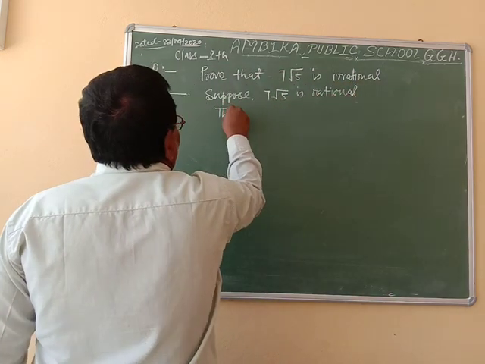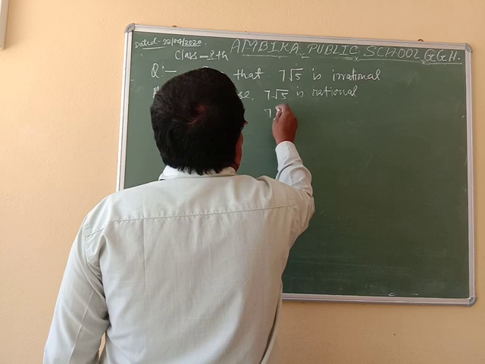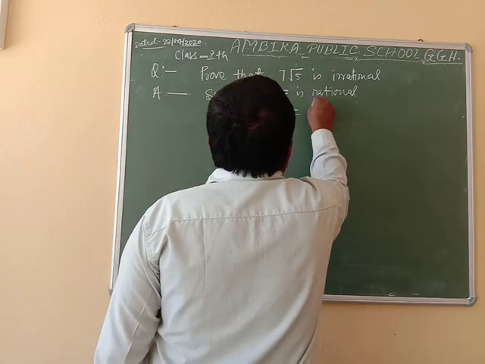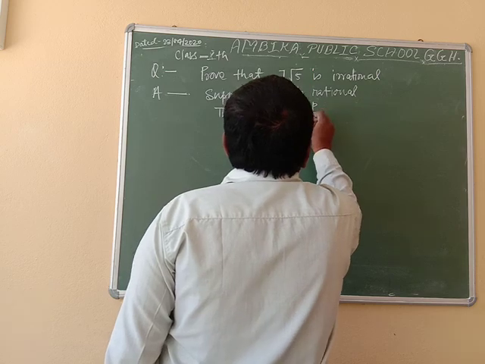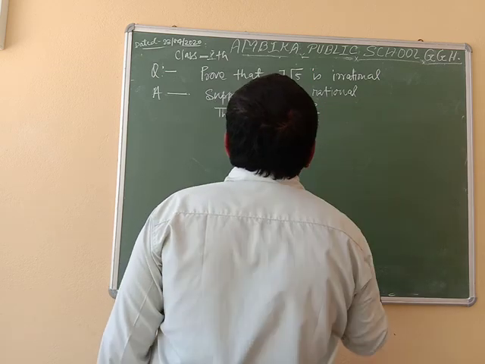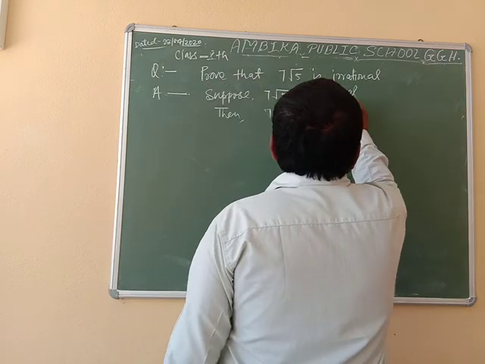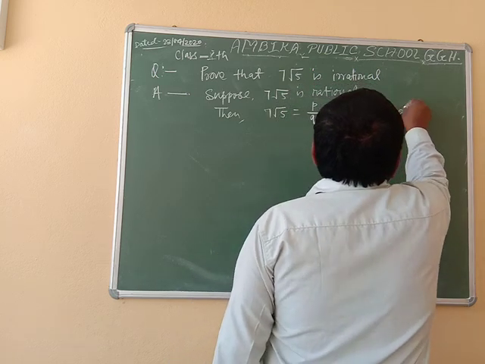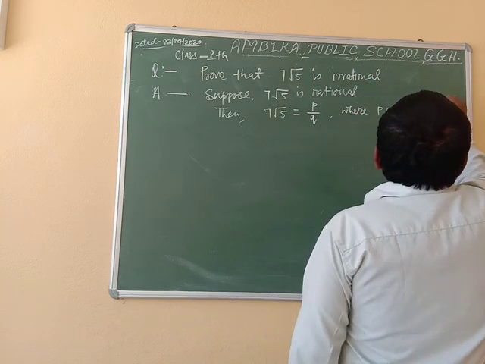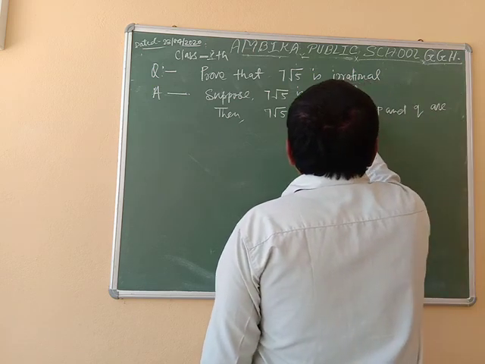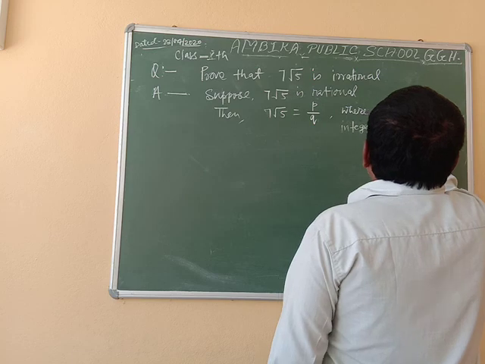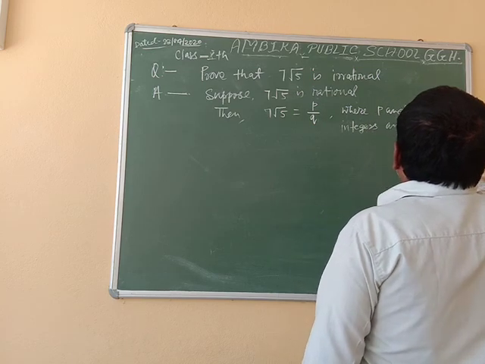Then 7 root 5 is equal to p by q, where p and q are integers and q is not equal to 0.